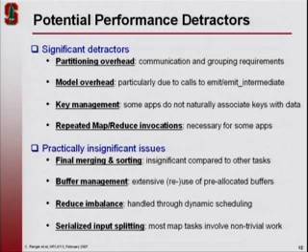Some of the more insignificant issues include the final merging and sorting of reduce queues into a single output queue. But when compared to the map and reduce stage time, this tends to be small. In addition, buffer management tends to be a smaller issue, since we aggressively reuse pre-allocated buffers. We deal with reduce imbalance by dynamically scheduling reduce tasks, so this tends not to be as much of an issue.